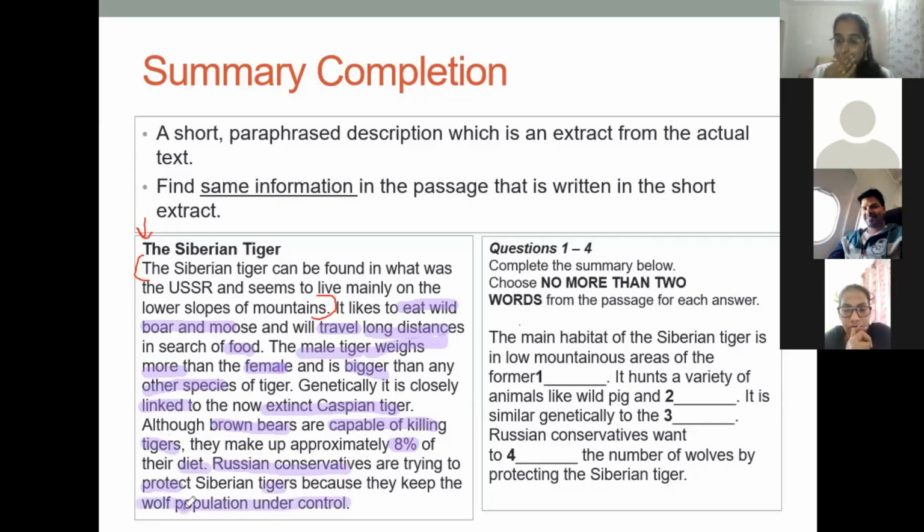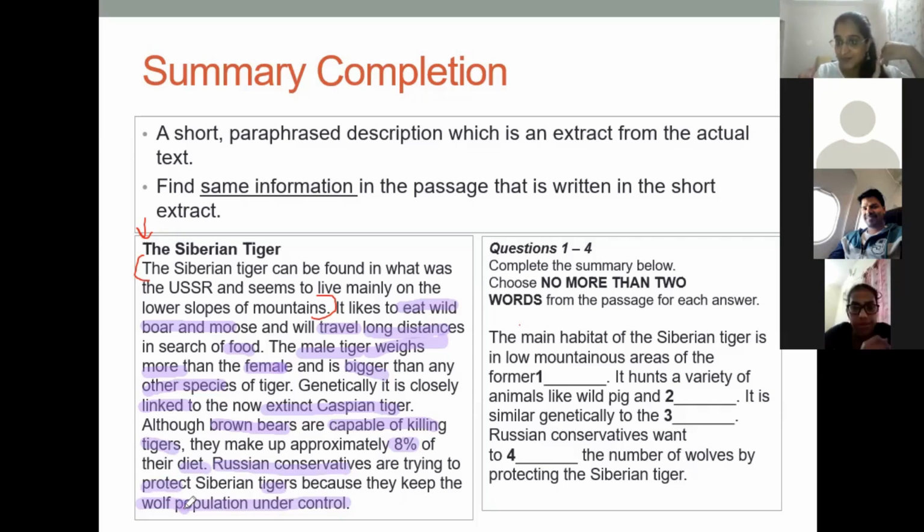What have I done? I have skimmed through my passage. I've read the first line. I'm just adding a small little trick, like adding a pinch of salt. While you are skimming, going through the first line and understanding the context, mark, underline, or highlight certain words which are striking. So here, what all words are striking?